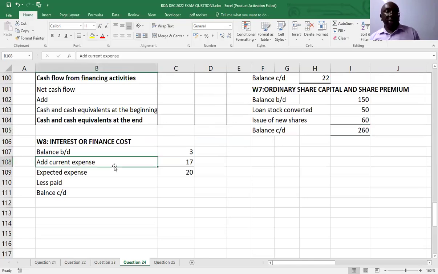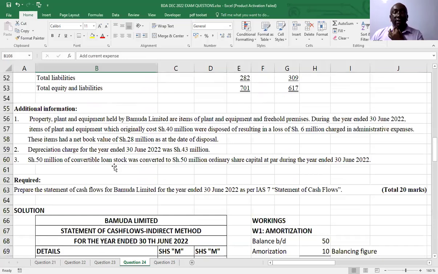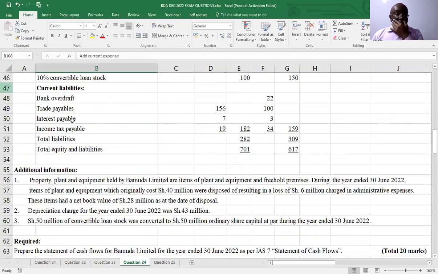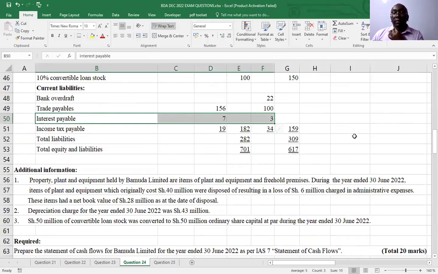So these 3 we are dealing with the interest, so tunakuja hapa kwa interest payable. This one. Naiona hii. Under the current liabilities. Yes, nimeziona. So 7 ndio the carried down, 3 ndio brought down.